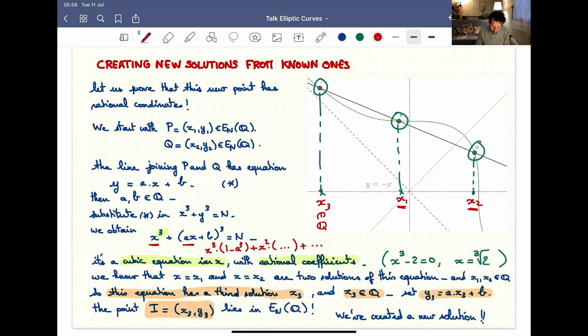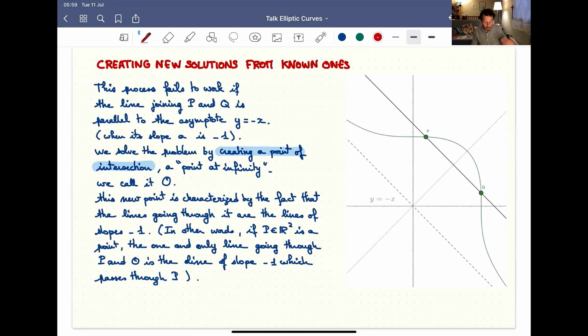And this happens exactly when a equals -1, which you can see on the picture here. This happens when the slope of the gray line is equal to -1. And as you can see on the picture, this exactly means that the line joining P and Q is parallel to the asymptote y equals -x.